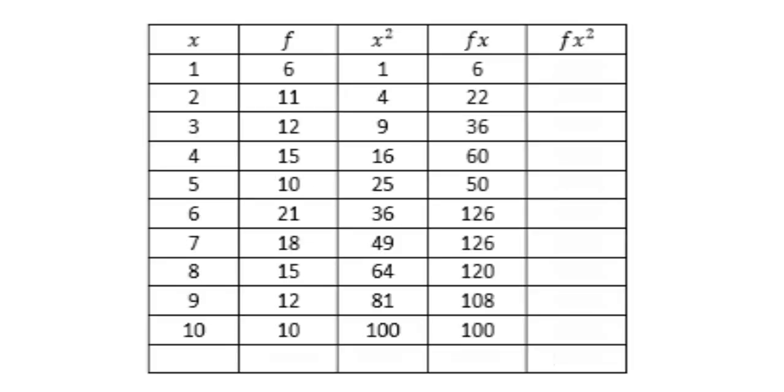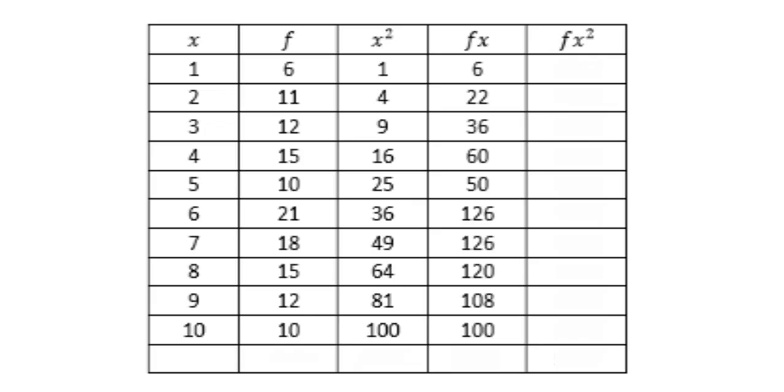How do you get FX? In getting FX, we multiply F by X. That is 1 times 6, giving us 6. 2 times 11, giving us 22. 3 times 12, giving us 36. 4 times 15, giving us 60. 5 times 10, giving us 50. 6 times 21, giving us 126. 7 times 18, giving us 126. 8 times 15, giving us 120. 9 times 12, giving us 108.